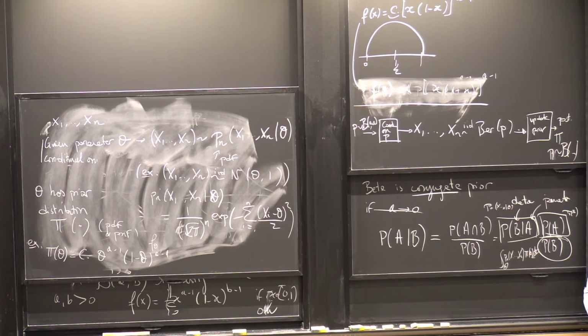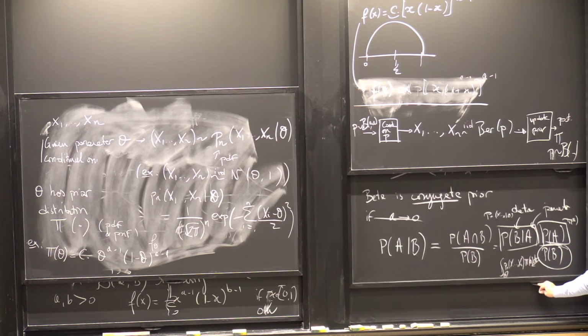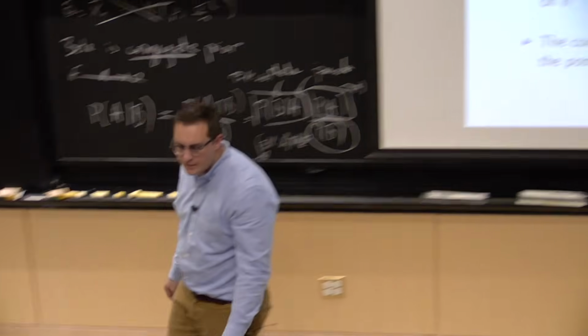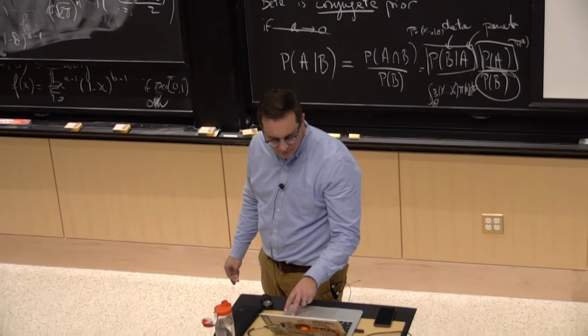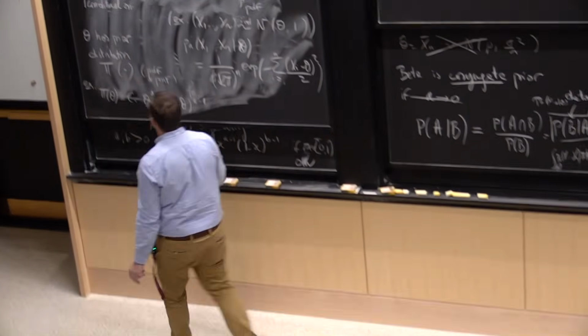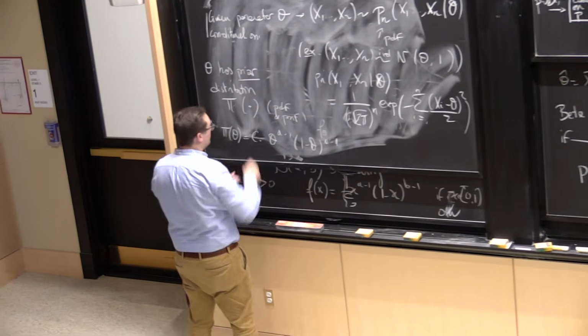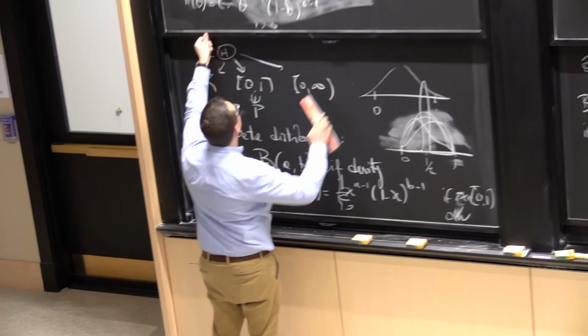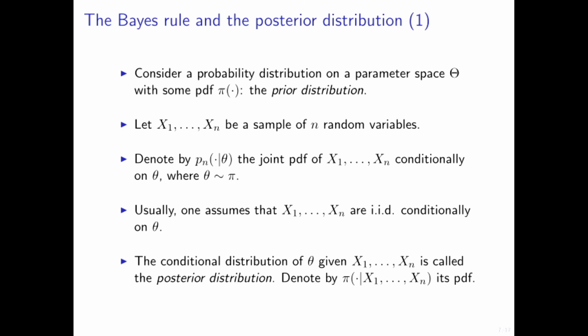That's just basic probability, conditional probabilities. And if I had the PMF, I would just sum over the values of theta. So now, that's the prior distribution. What I want is to find the posterior distribution.